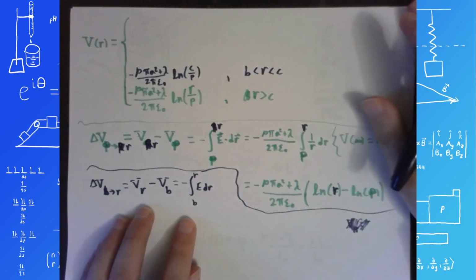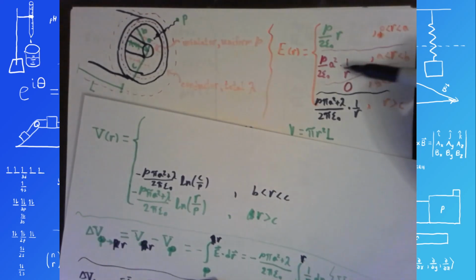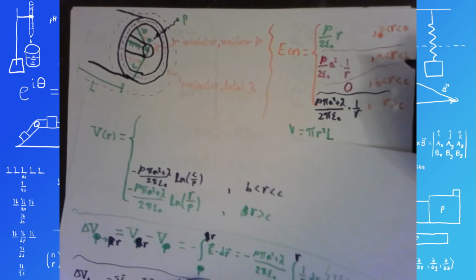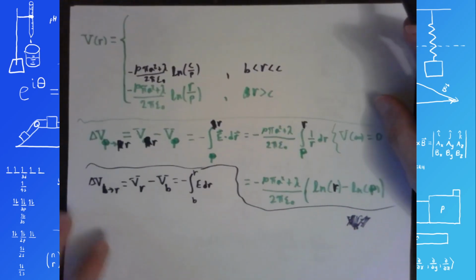Integral of E dr. In this case, E is equal to rho a squared over 2 epsilon naught times 1 over r. All that stuff is constant and can be factored out of the integral.